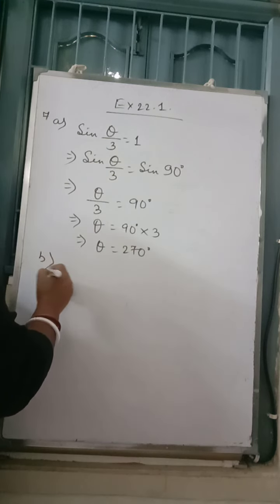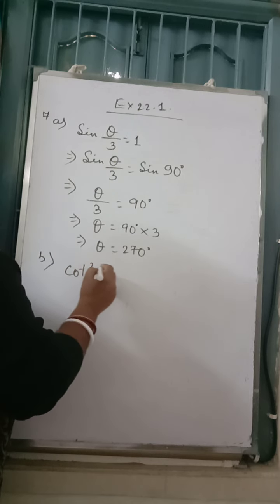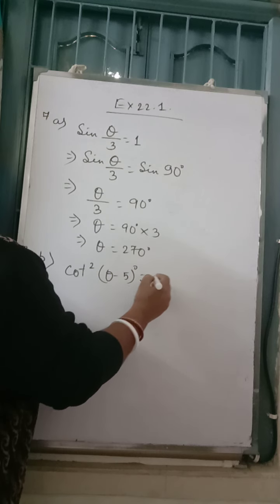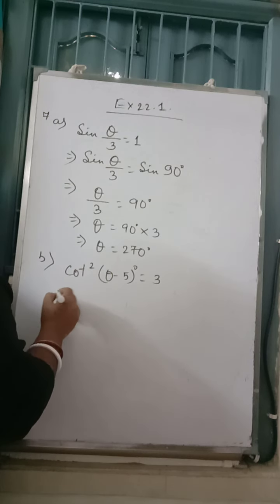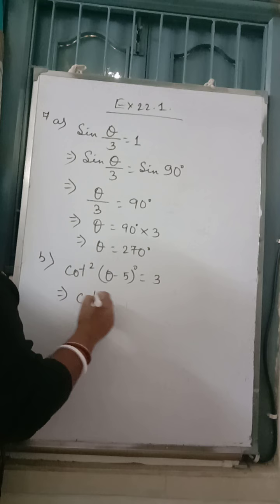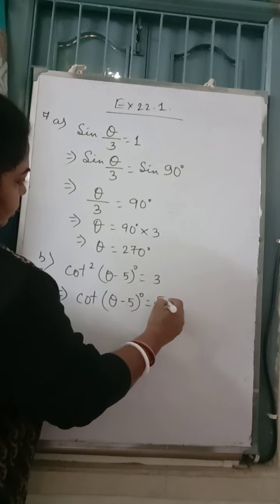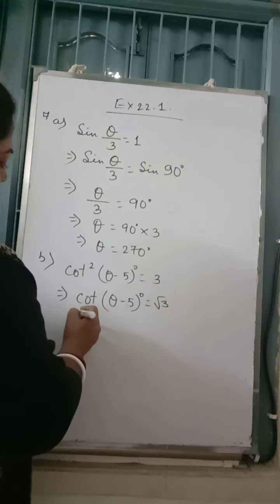Look at number B. It says cot square theta minus 5 degree is equal to 3. Now this side we have cot square, so I can write cot theta minus 5 degree is equal to under root 3. Though it was square, so it goes that side.